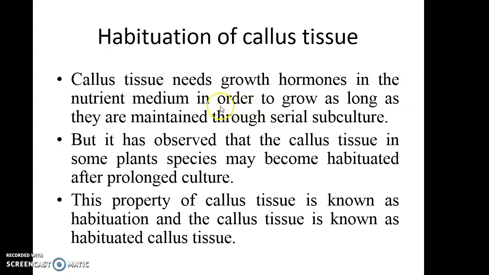That means you transfer the callus tissue into another, freshly prepared medium. As time passes, this callus tissue can synthesize its own plant hormones, auxin and cytokinin, so that it will not require exogenous addition of plant growth hormone. That is habituation of callus tissue.